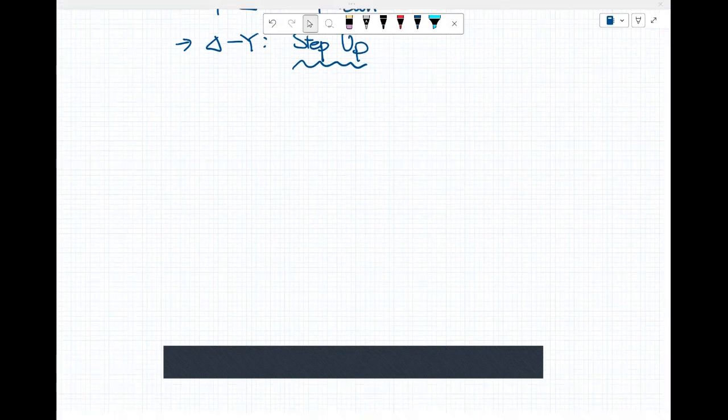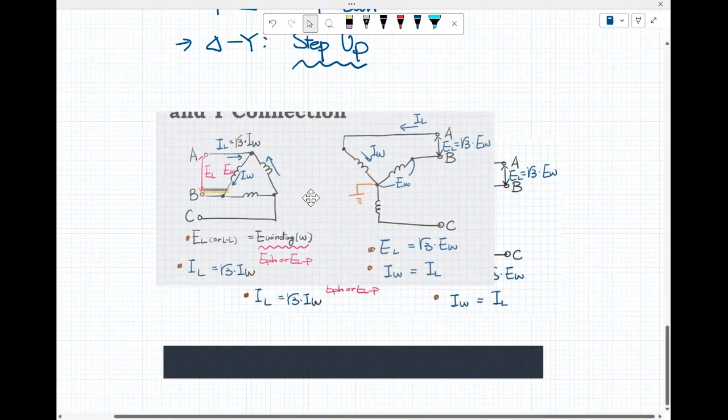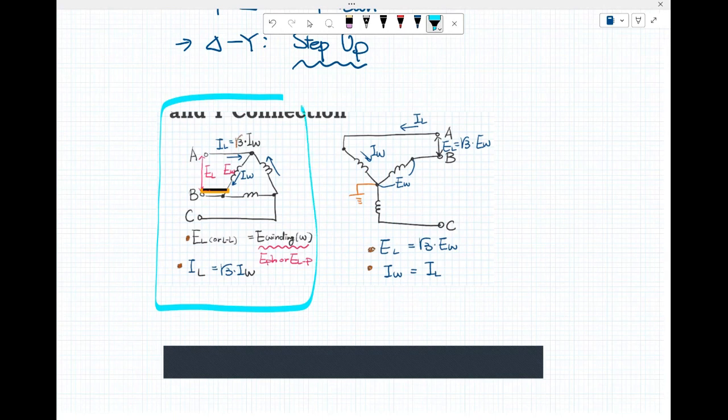That should be the screen here. Oops, it's right there. To summarize, we learned before, this is the delta, this is the Y connection, okay?